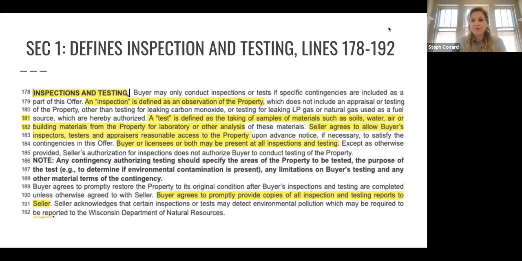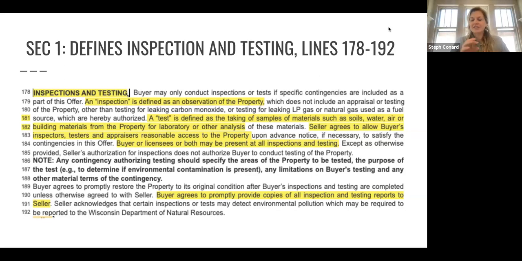An inspection is defined in the contract as an observation of the property, which is different from having a test of materials, so testing of perhaps asbestos or mold. That testing contingency is addressed in our Addendum A's.